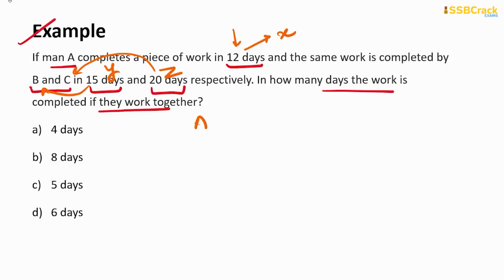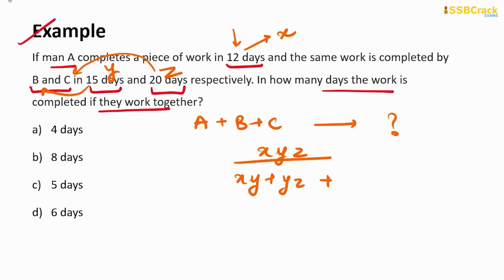Now we are required to find the time taken by A plus B plus C to complete the same work, and we know the formula, that is XYZ upon XY plus YZ plus ZX, right? So now we can easily put the values of X, Y and Z in this formula.